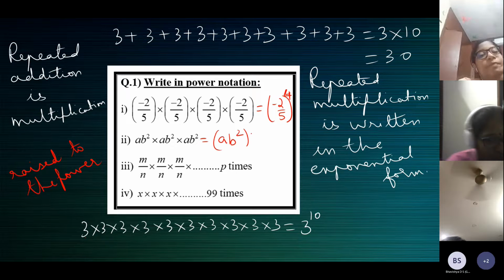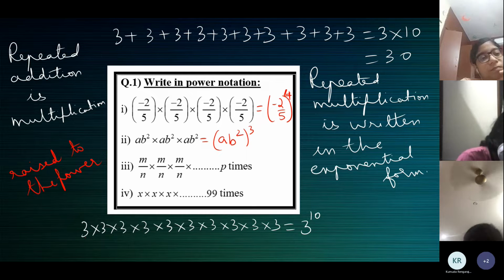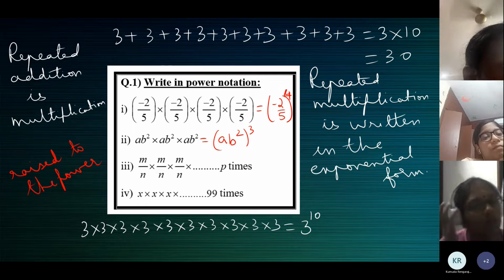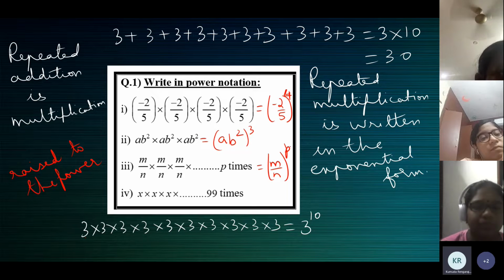Very good. A by B square, the whole raised to 3. Yes, Harshita, third one. Ma'am, m by n raised to the power p. Yeah, m by n, the whole raised to the power p. Very good.